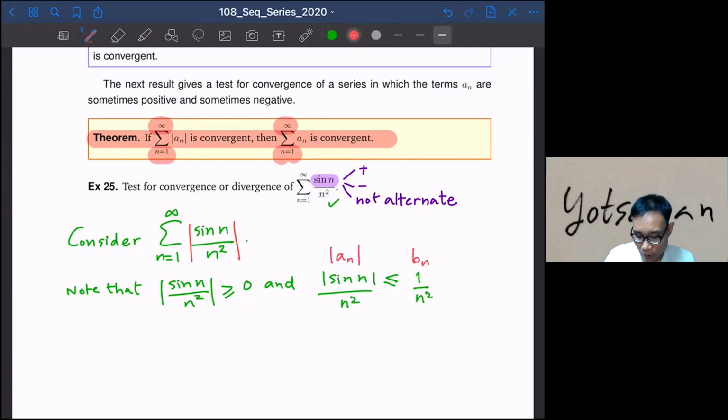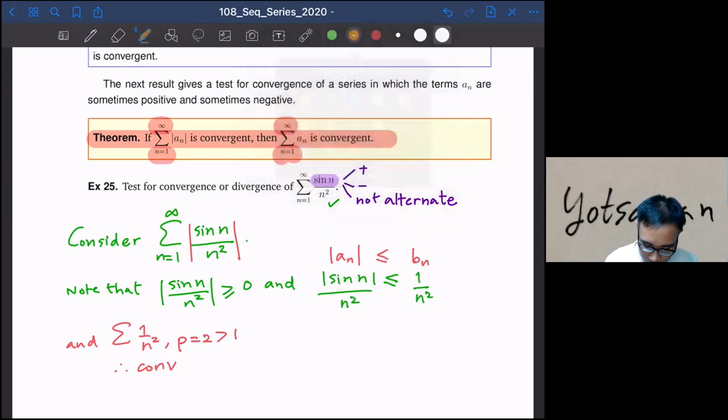So you have the absolute value of an less than or equal to bn, and we know that the series 1 over n squared is a p-series with p equal to 2, greater than 1. So this is convergent.